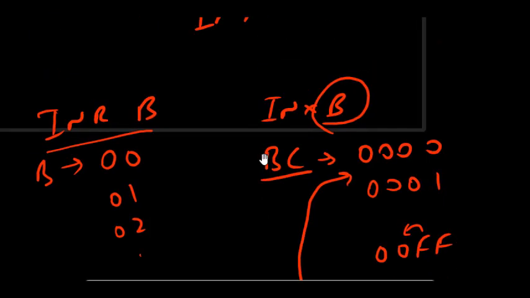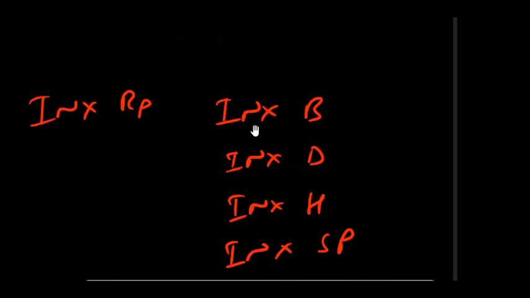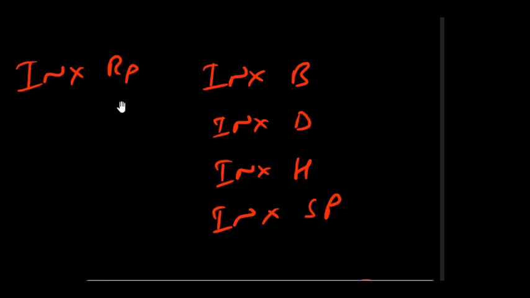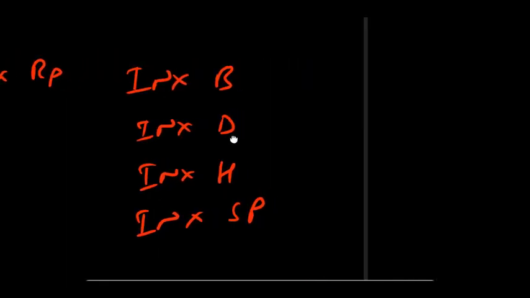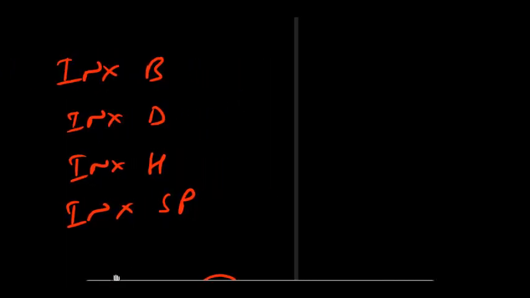Okay, so there are only 4 INX instructions. INX is used for incrementing the register pair. So as we have INX RP for incrementing the register pair, we also have DCX RP. It decrements the contents of the register pair by 1.